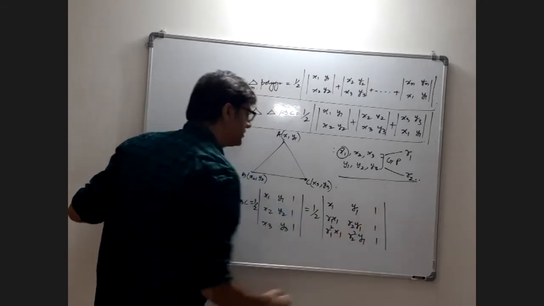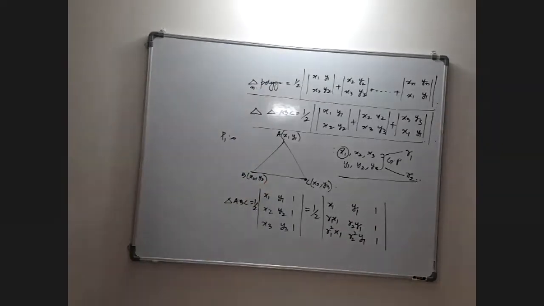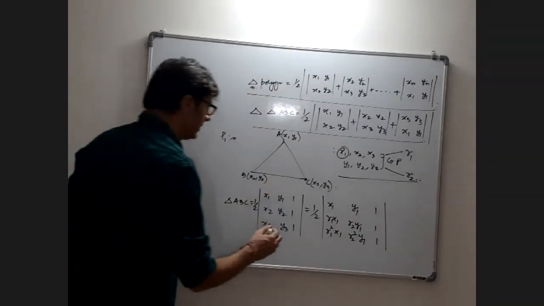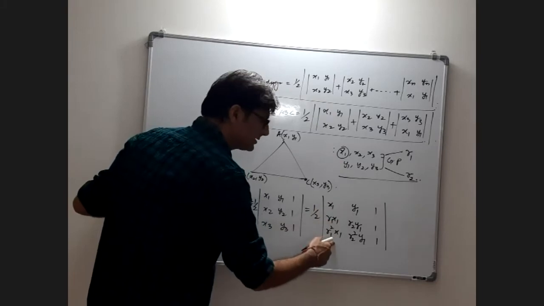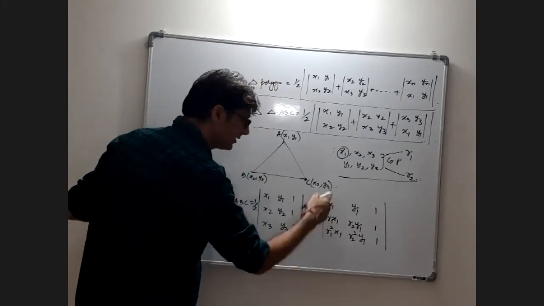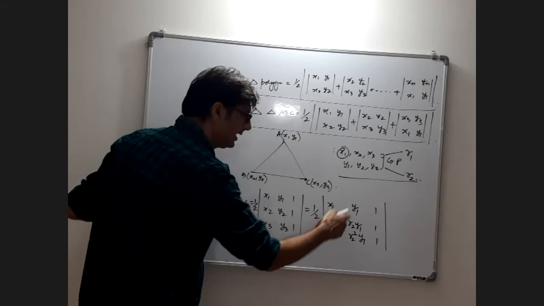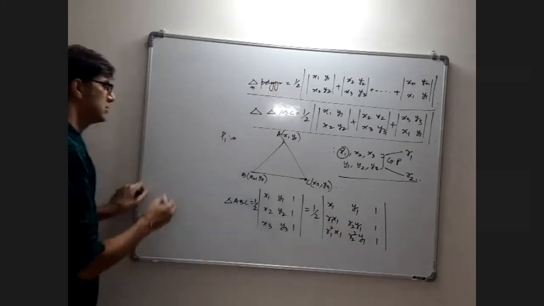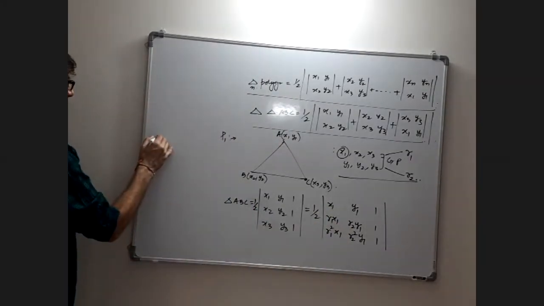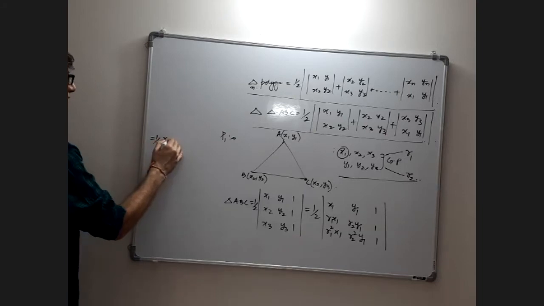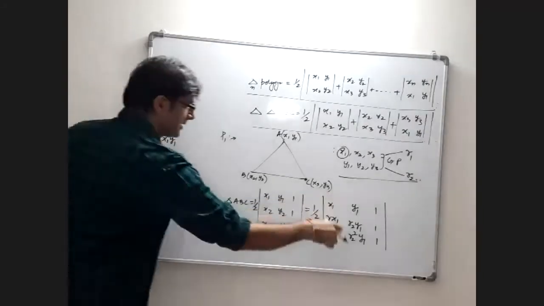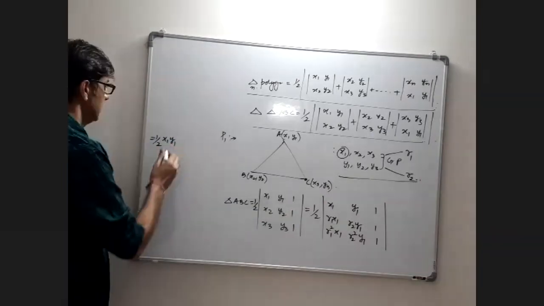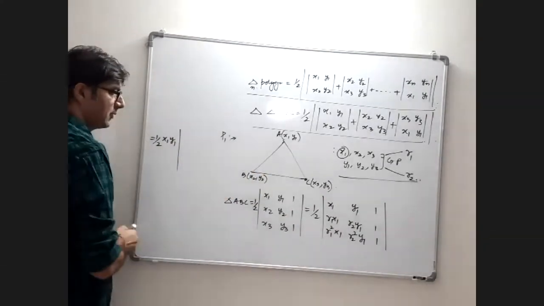Now the question is open to you. Here, x1 can be taken out as a common factor from column 1, and y1 from column 2. These are the two factors taken common from column 1 and column 2.